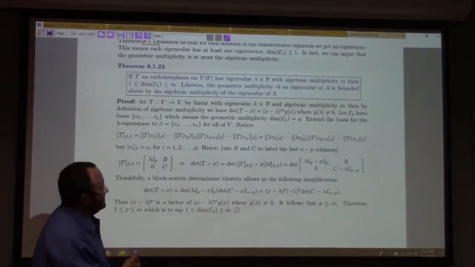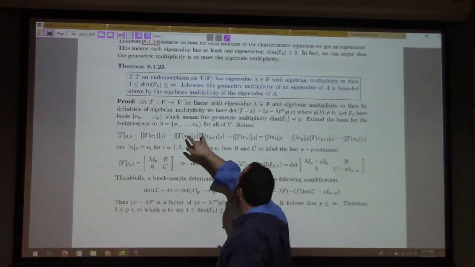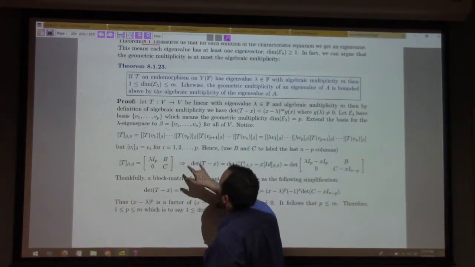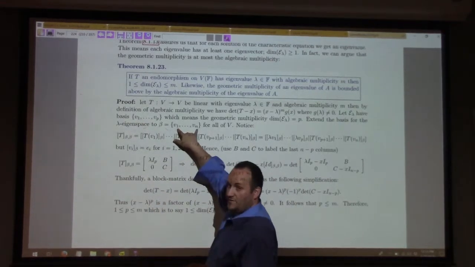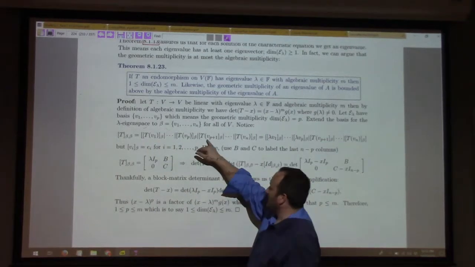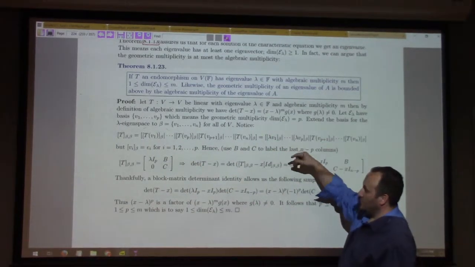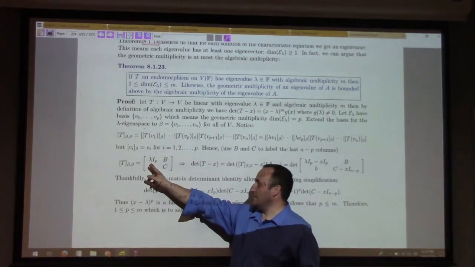So if we have geometric multiplicity p, then we can take eigenbasis v1 through vp and extend it to a basis for the whole space. Then if we look at the matrix for such an operator with respect to that extended basis, we'll get lambda times the identity in the first p columns.